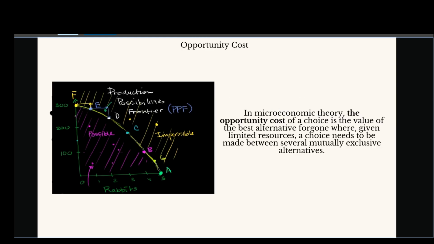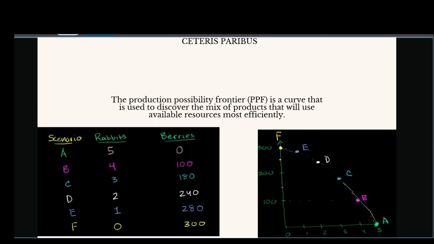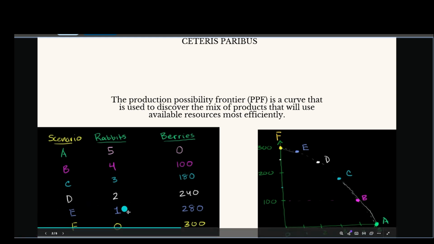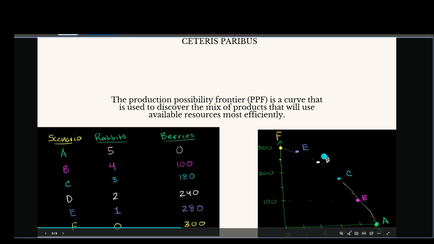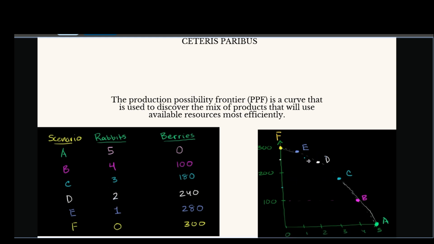Alright, and with that we can move to the opportunity cost. Let's imagine we decided to go for more protein and not berries. And let's imagine we are in scenario E here, where we hunt one rabbit and gather 280 berries. On the graph, we are here. So we want to go from one rabbit to two rabbits, basically going to scenario D, over here. What will we give up?